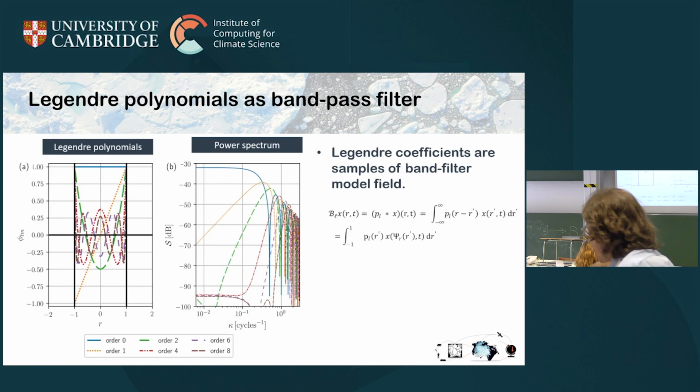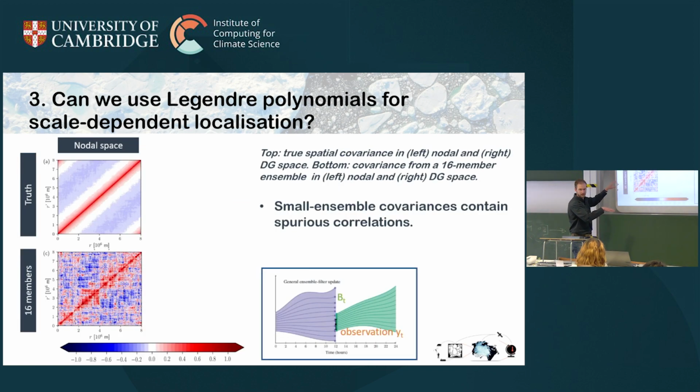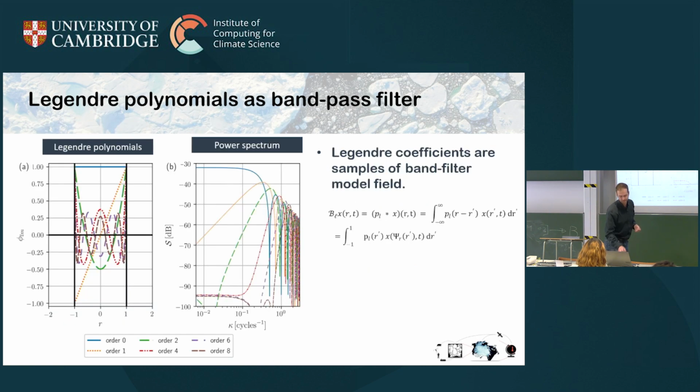And the way that's usually dealt with is by tapering the values off to 0 with distance. But you can imagine that this tapering distance is dependent on the scale in your model, and if you have a multi-scale model like an ICE model, then you should have multiple tapering scales.